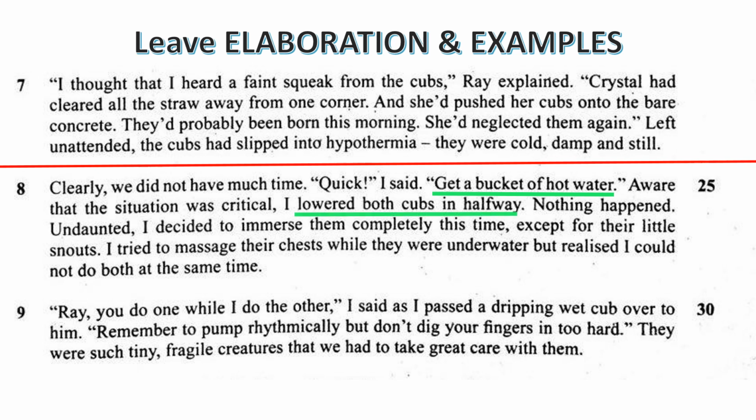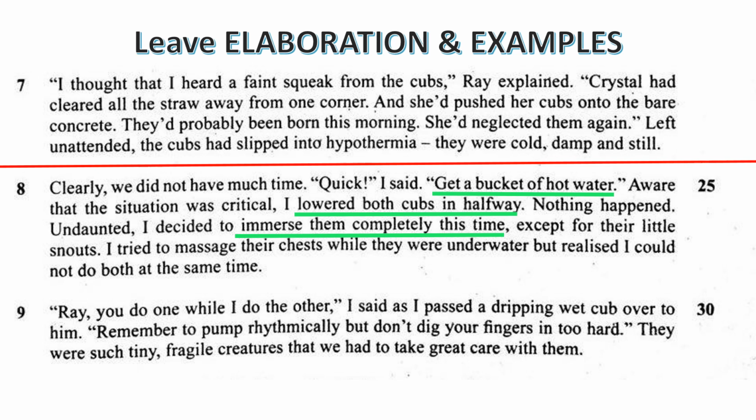The first part of the sentence, aware that the situation was critical. Is that important? No, that is an elaboration. So you do not need to include that. Okay, nothing happened. And then after that, undaunted, I decided to immerse them completely this time, except for their little snouts. So the verb here is decided to immerse them completely this time.